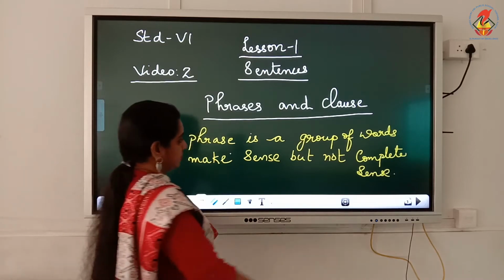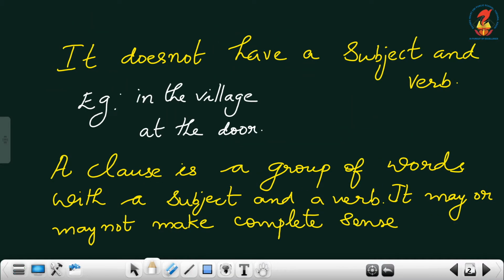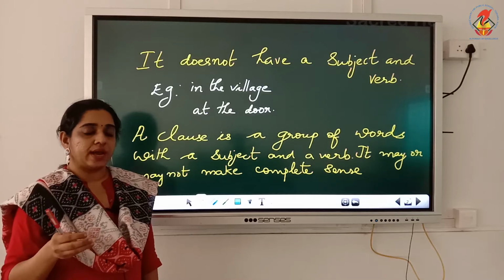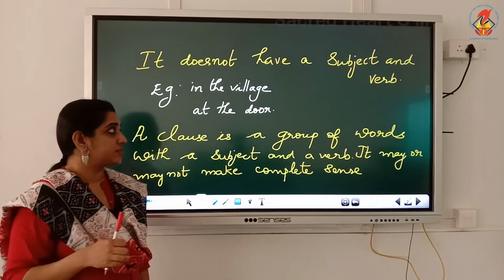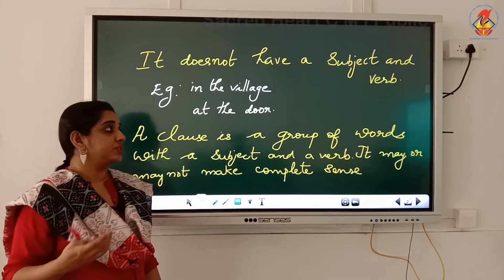Now see the example. In the village. If you ask if there is any meaning, it's okay, it has some sense, but it's not a complete one, is it? In the village, what in the village, it's not clear.